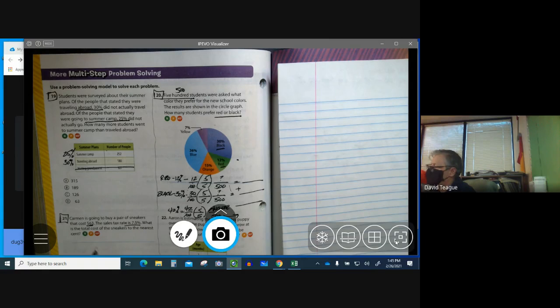Okay. So what we're going to do on number 21 is find the sales tax on $63, and then add the sales tax back to 63 to find out what your total bill is. So it's 7.5% of $63. If we set it up the way we've been doing it, it's 7.5 over 100.